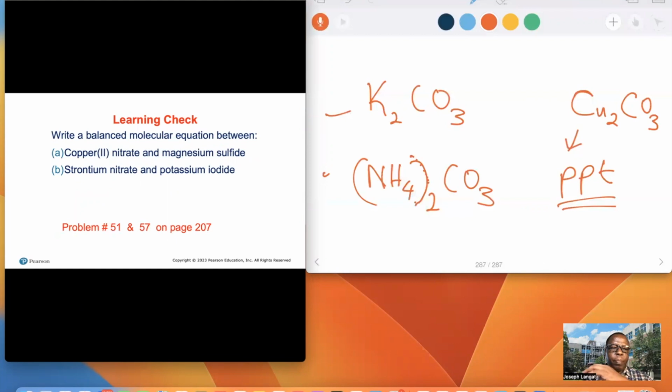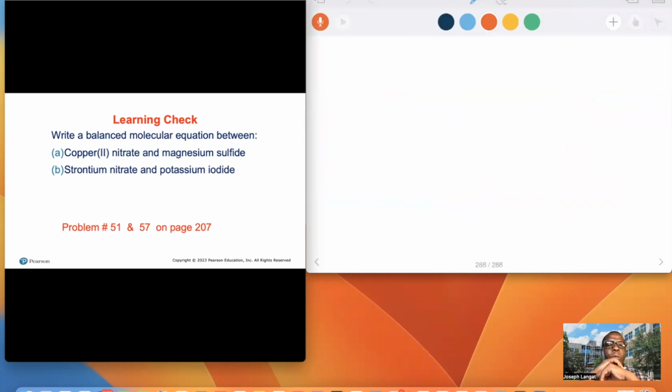Let's see, write a balanced molecular equation. We're going to talk about other different equations between copper 2 nitrate and magnesium sulfide, strontium nitrate, and potassium iodide. For this, you should be able to write the formulas for your product. So here is copper 2 nitrate, meaning Cu(NO3)2 with the 2 there.